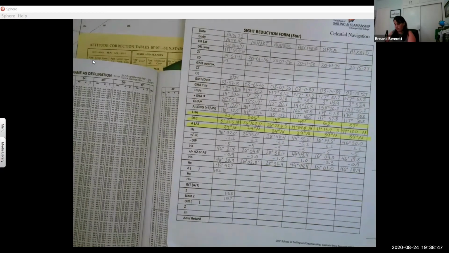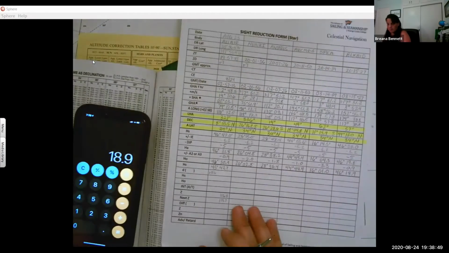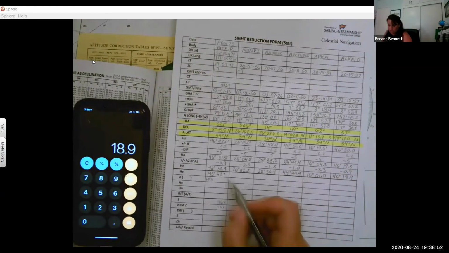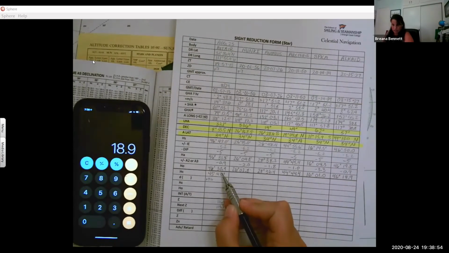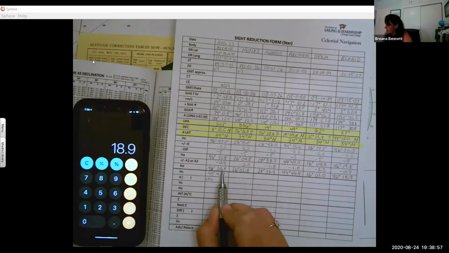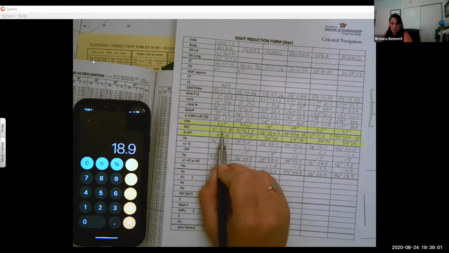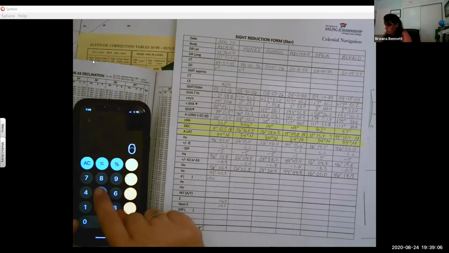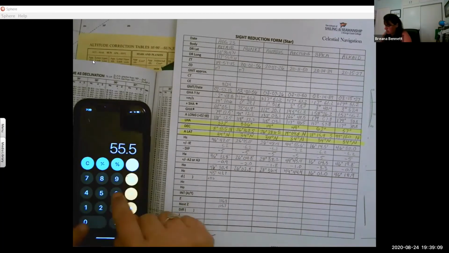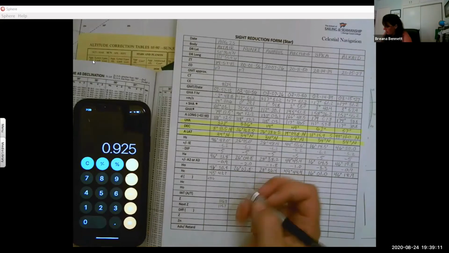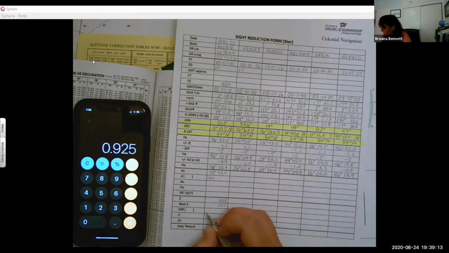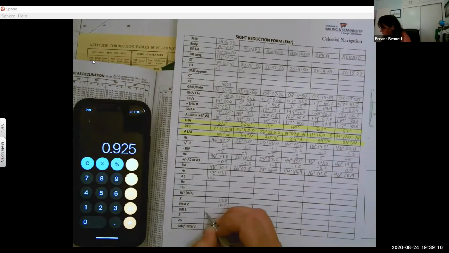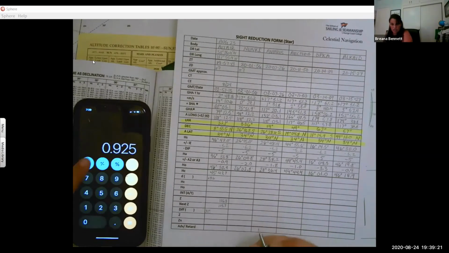So we are ballpark pretty close, so I like what I'm looking at so far. We need to multiply our D by the remainder. So our 55.5, that's going to be pretty close to 0.925. And I'm just going to write that in down here, 0.925, just so I don't have to do it again.